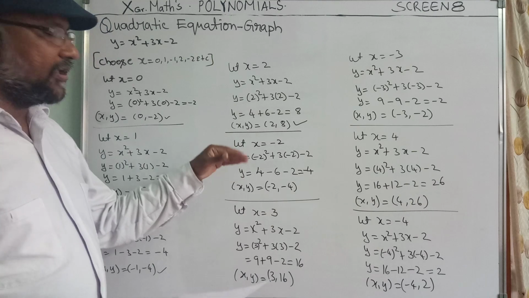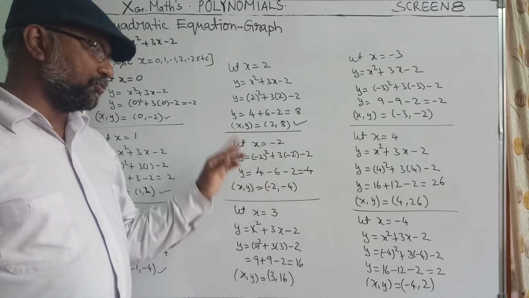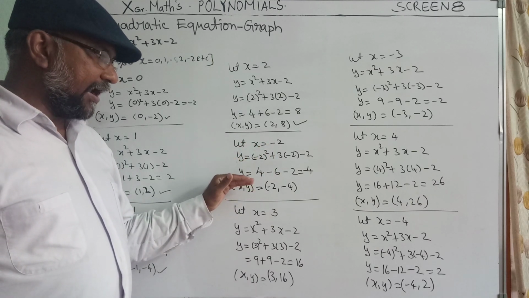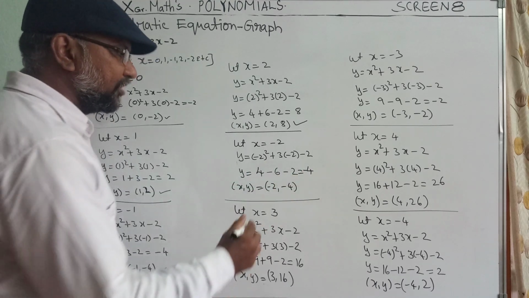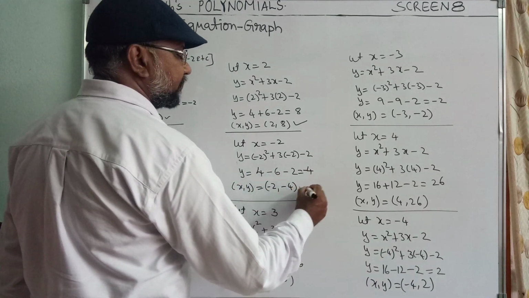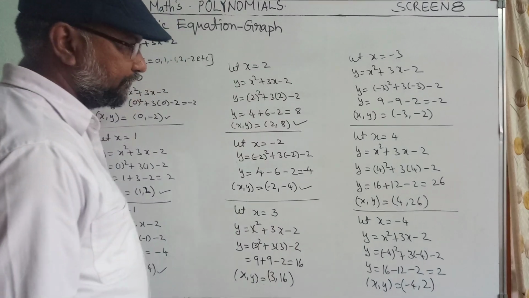And in the same way, choose x is equal to -2, substitute and simplify, you will get another coordinate point.